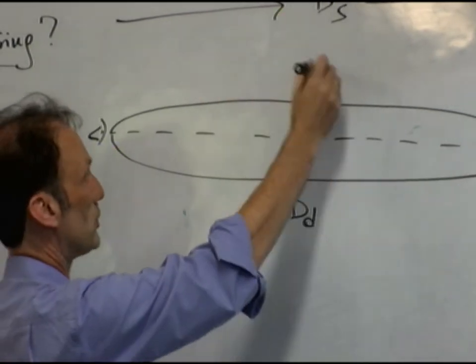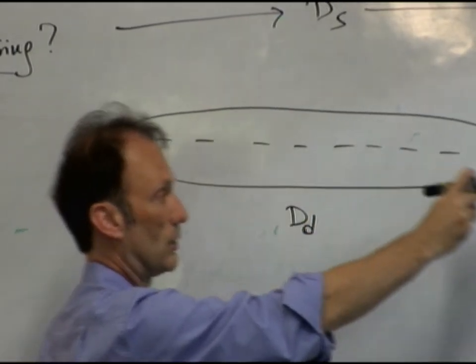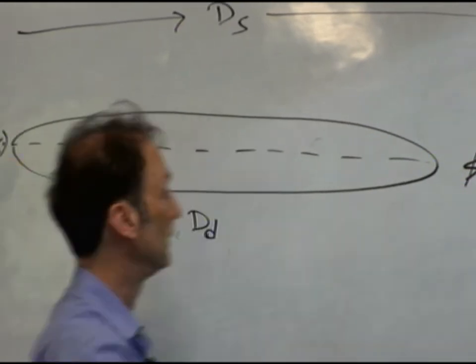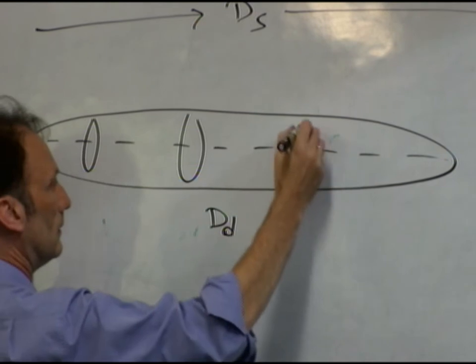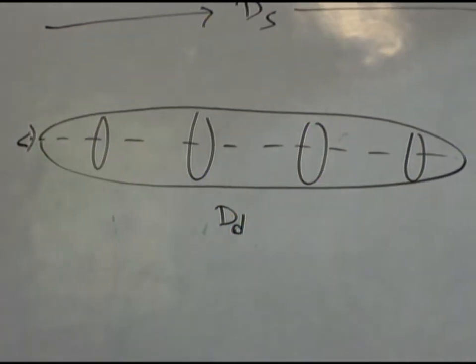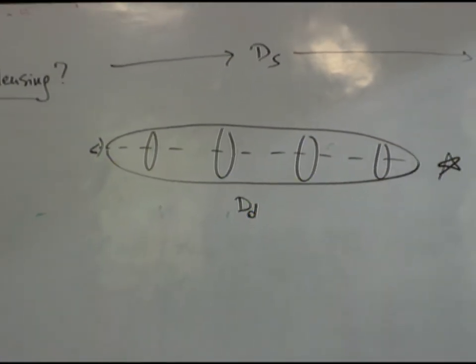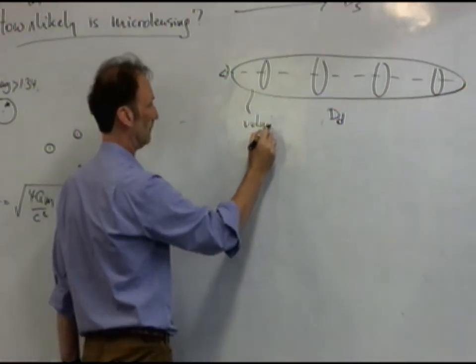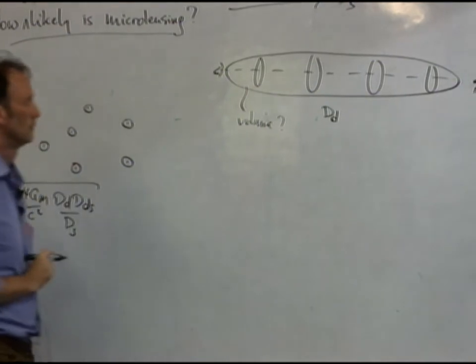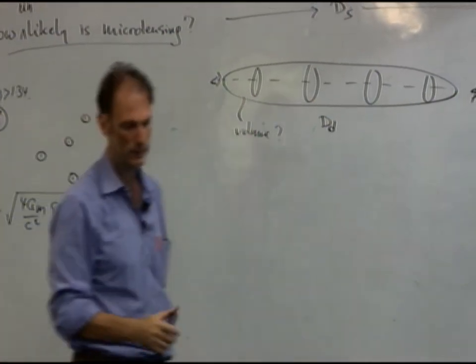Any star that falls outside here, its Einstein radius is not in front of the star. So you can think of this as lots of different Einstein disks in here. And so the question is, what's the volume of this cigar? Or rather, how many stars are there in this cigar?